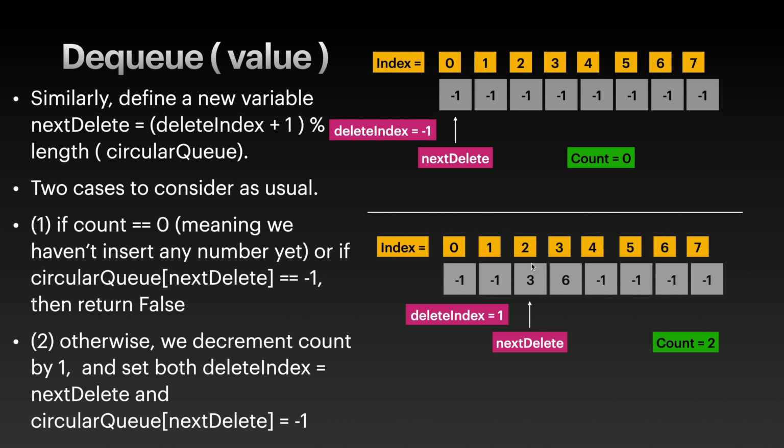Circular queue at next delete will be 3. If this is not equal to -1, then we decrement our count variable by 1, set delete index equal to next delete, and then we set this guy to be -1 instead of 3.